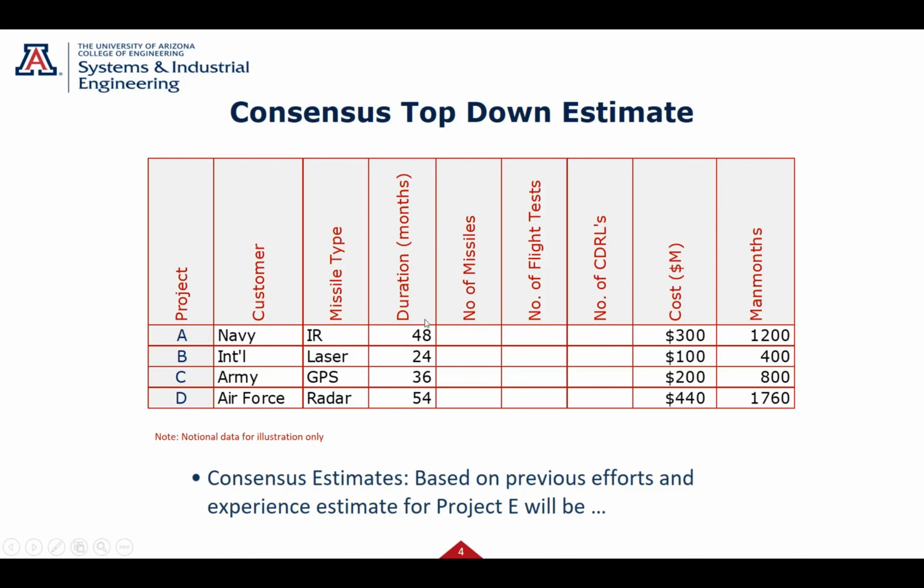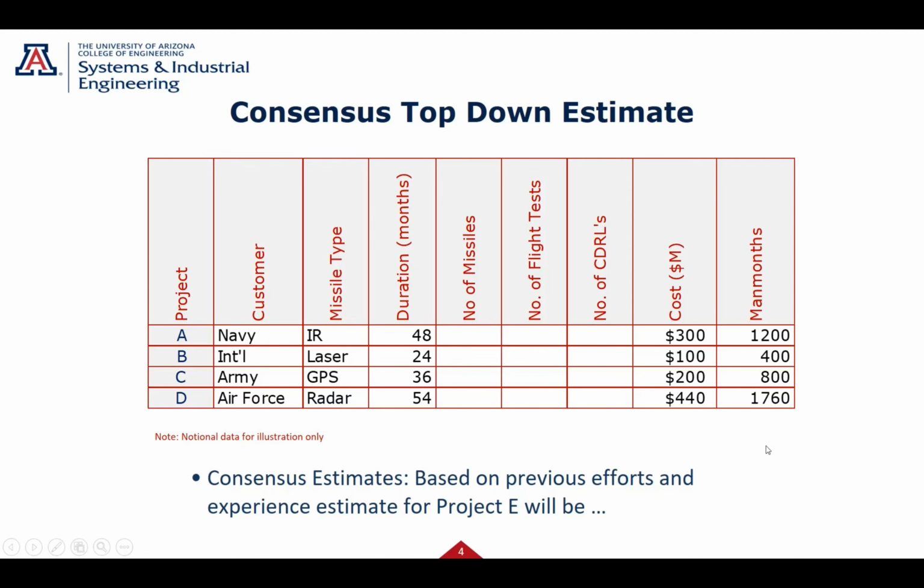So maybe I've worked several programs: one for the Navy, for infrared, one for international laser, maybe an Army program, a radar. I have different periods of time, different costs, and man months over here. Usually 165 hours per month. So that's 1,200 man months times 165. That's how many hours' worth of effort we've had on the project.